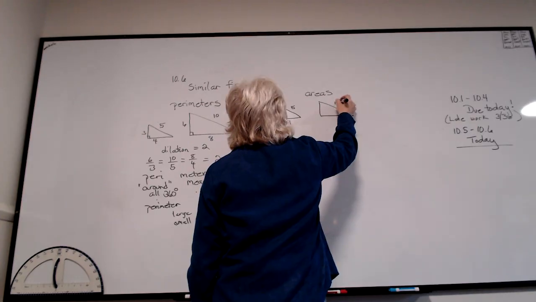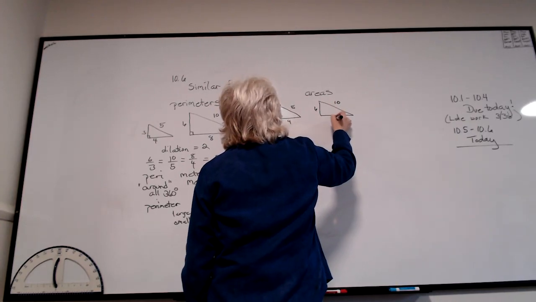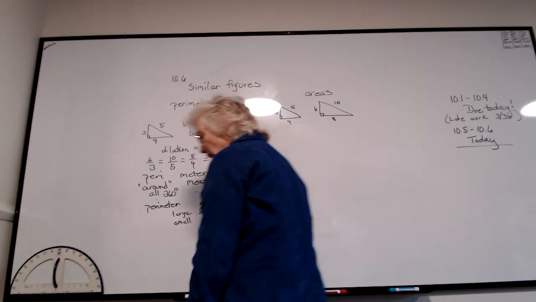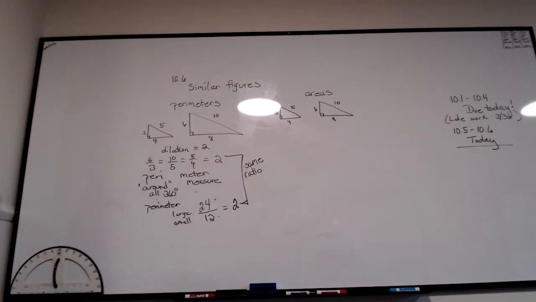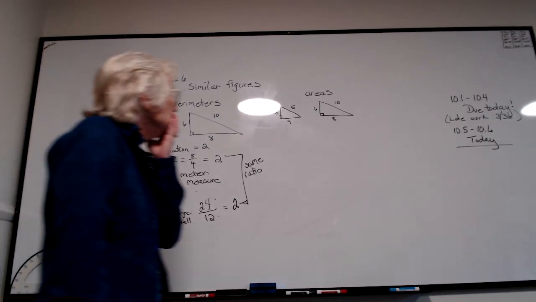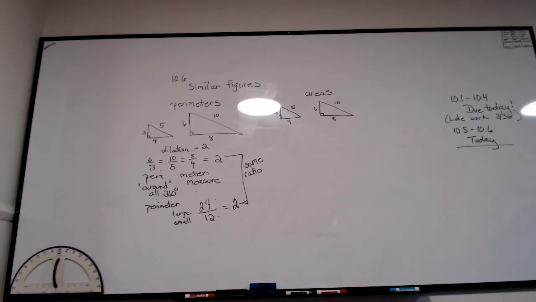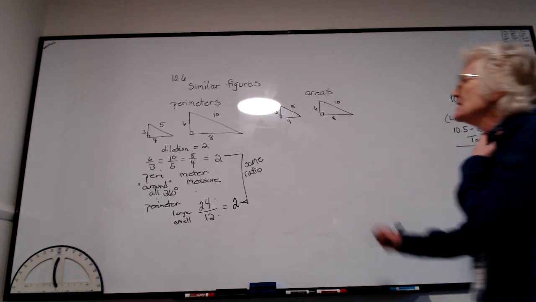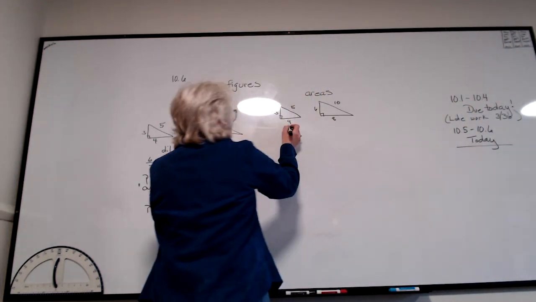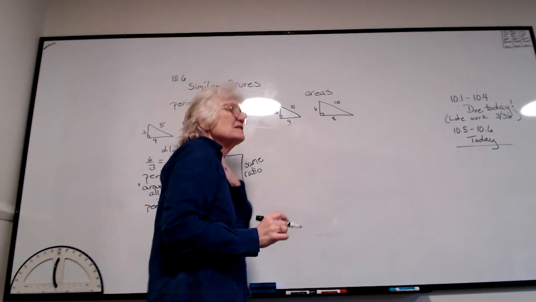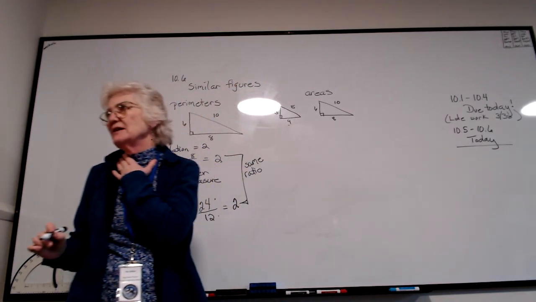Might not be drawn to scale. How do I find the area of a triangle? Multiply both sides and divide by 2. What would be both sides in this case? The base and height. Okay, in this case, the base and height are the legs of the triangle because it's a right triangle.